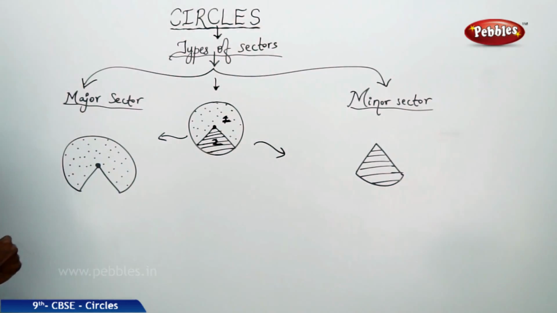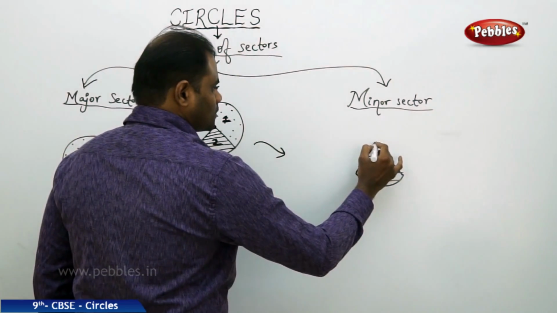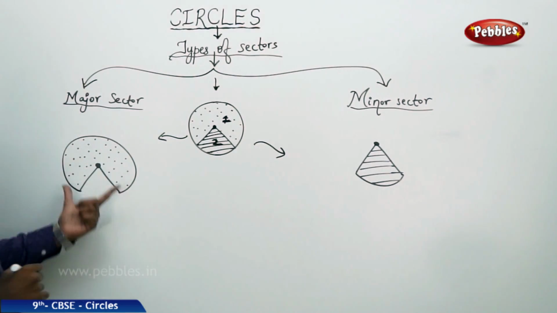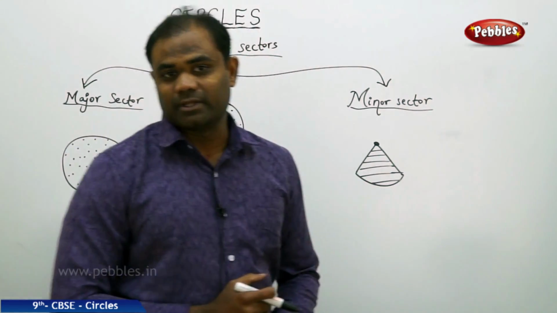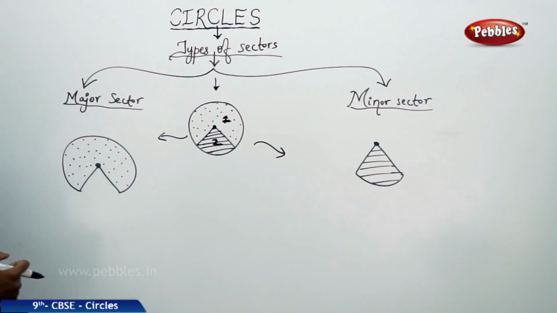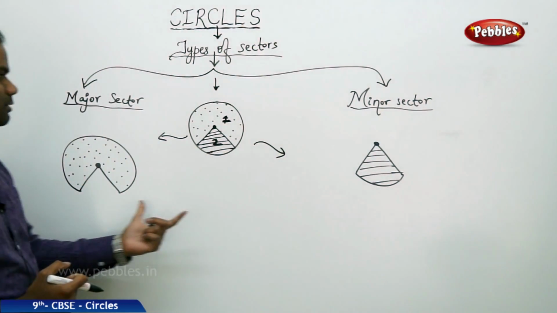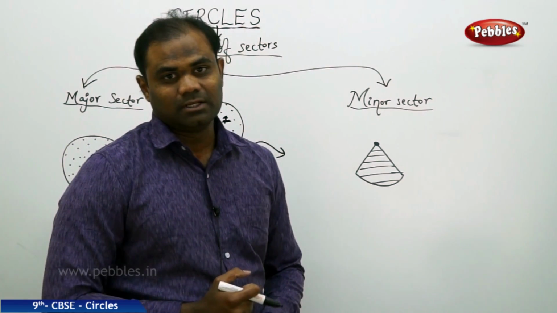Obviously, this slice of the pizza is bigger in size and this slice of the pizza is smaller in size. Therefore, we call this as major sector and this as minor sector.